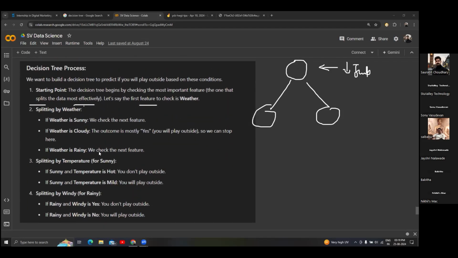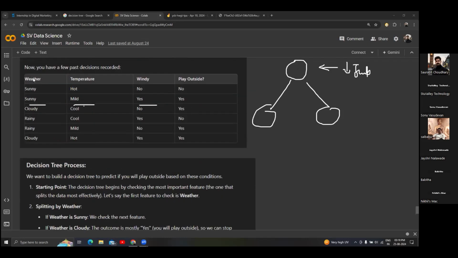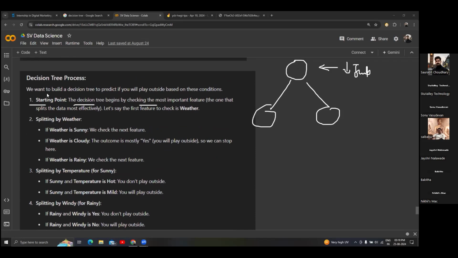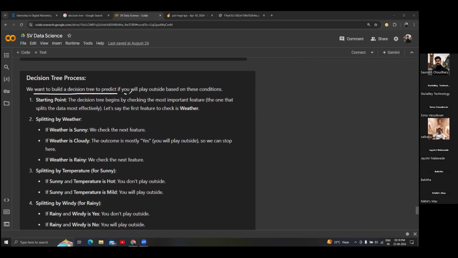For that, let's analyze weather first. Decision tree process: we want to build a decision tree to predict if you will play outside based on these conditions.